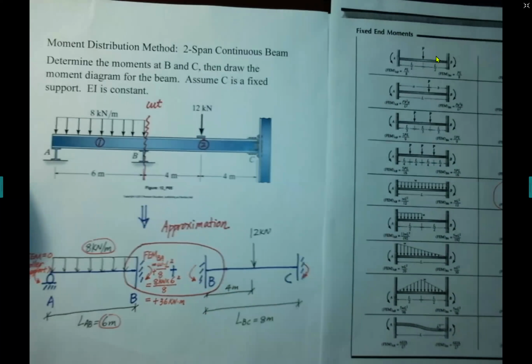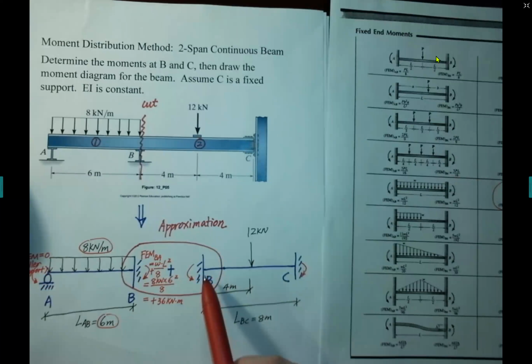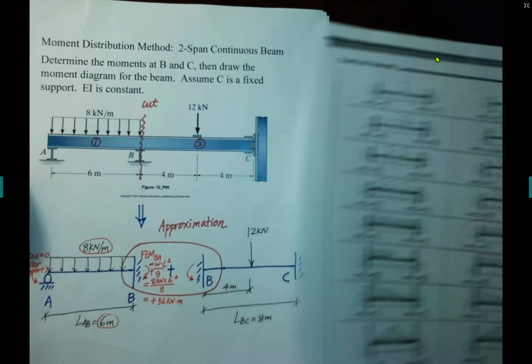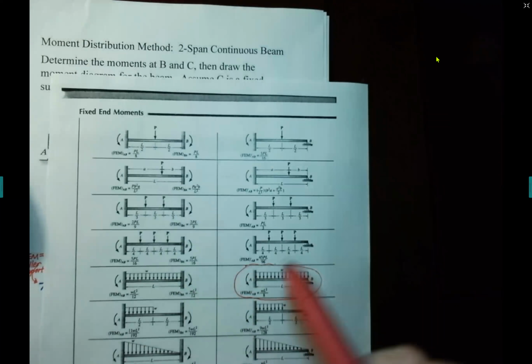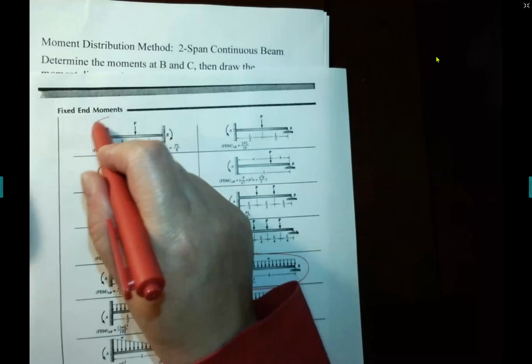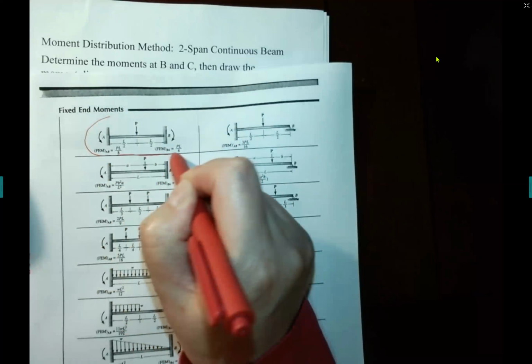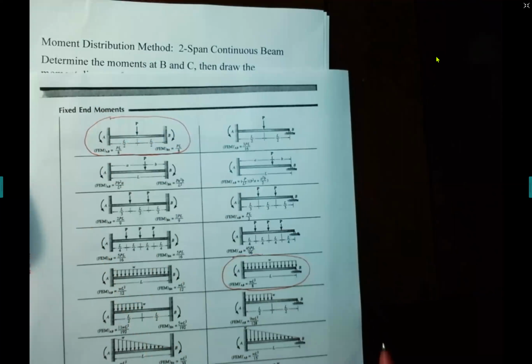Okay. Then we move to member BC. And BC has a fixed support at B and a fixed support at C. So based on this load pattern and support condition, we notice that we need to use this loading case.